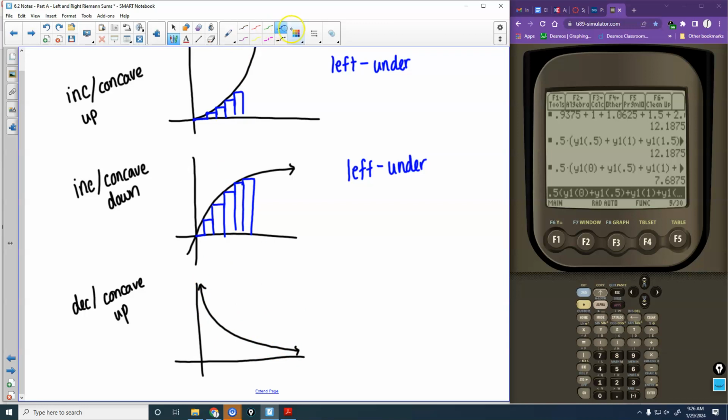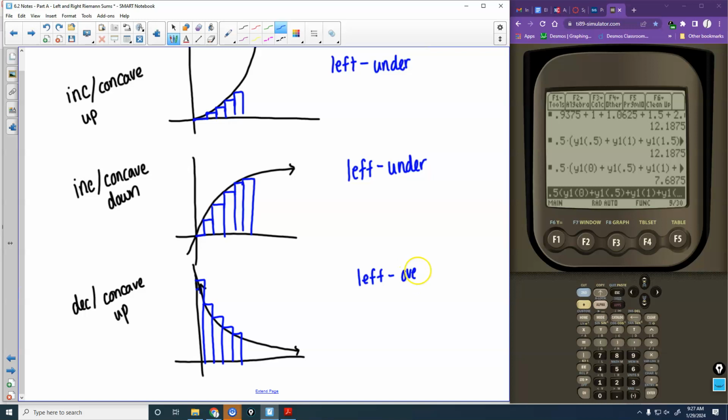Let's think about that left again. So decreasing. Draw my line so it goes on out. Left, this time, would look like that.